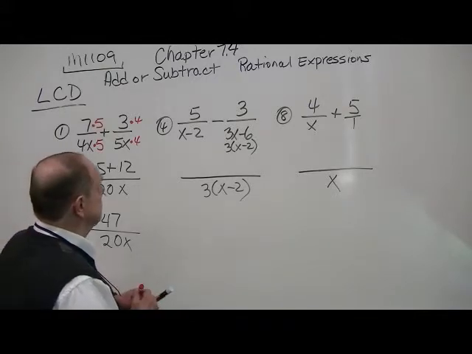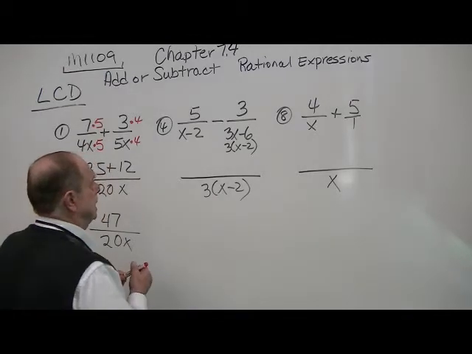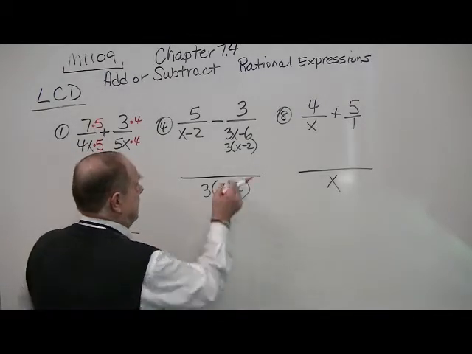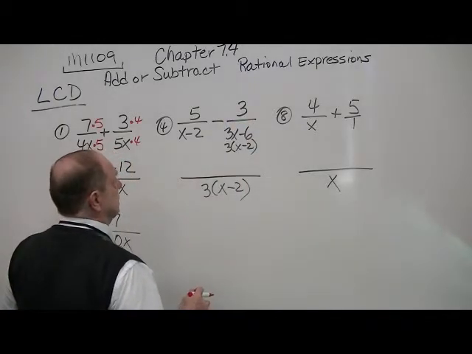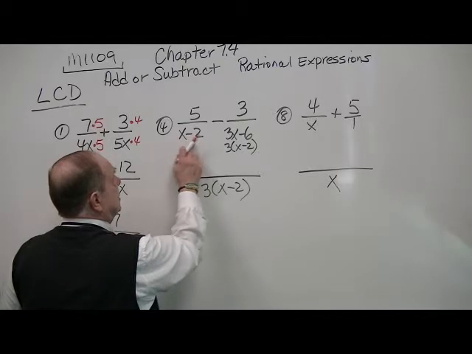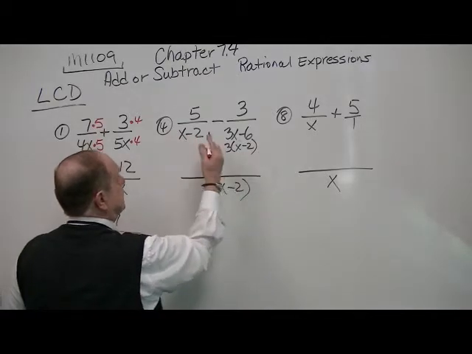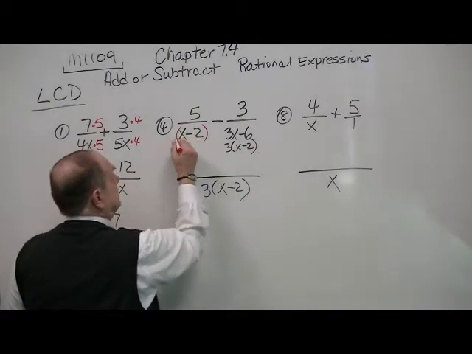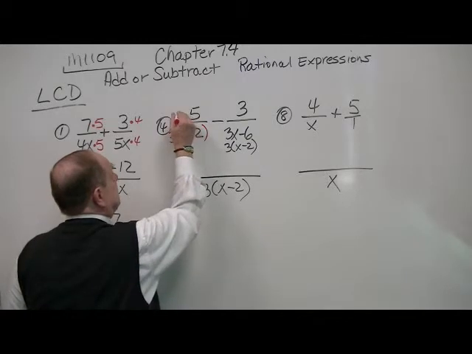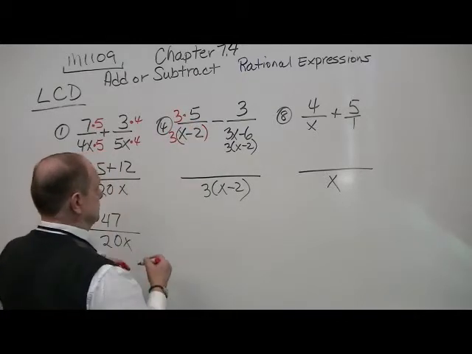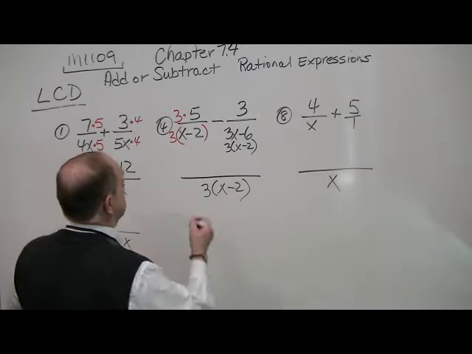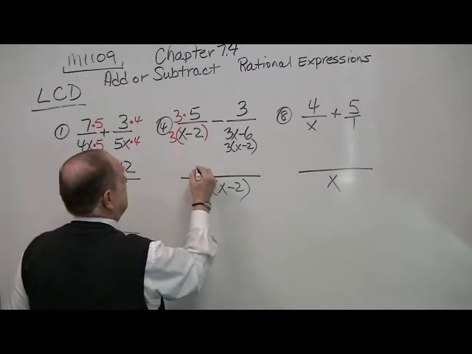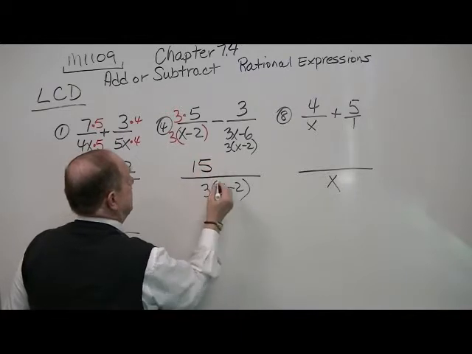Okay, in this one, this is already in the proper form. So what do we have to multiply this by to make it this? And the answer is 3. So this will now become 3 times 5 is 15.